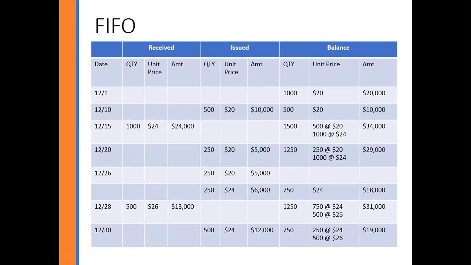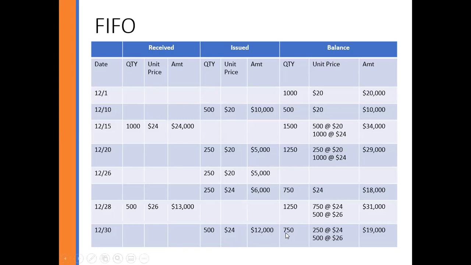And then lastly, December 30th, we issue to production 500 units. Of those 500 units, again we're going to use the older units first. So we're going to use 500 that cost $24 each. That's a total of 12,000.